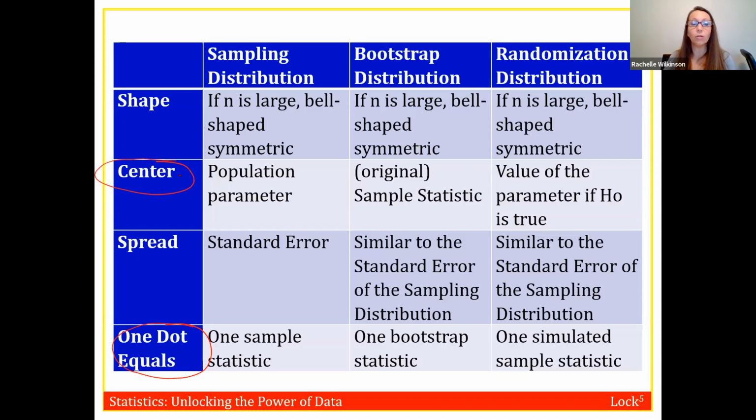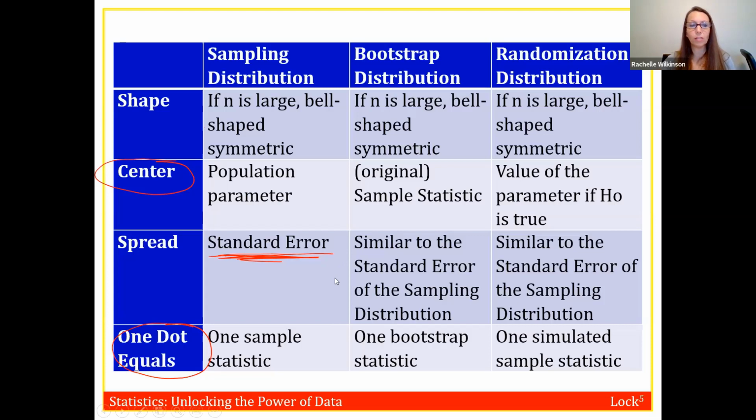So it's really important that you understand the differences in the centers for these three distributions, and that you understand how each of these different distributions would be created. And then really the goal of the bootstrap and the randomization distribution is to estimate that standard error so that we can draw conclusions. We can do statistical inference.